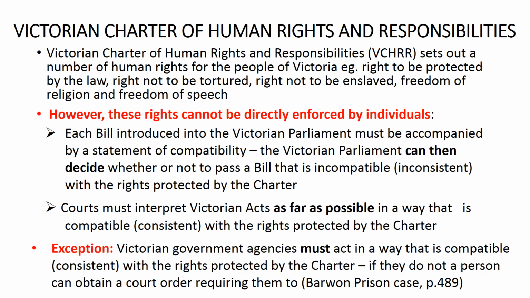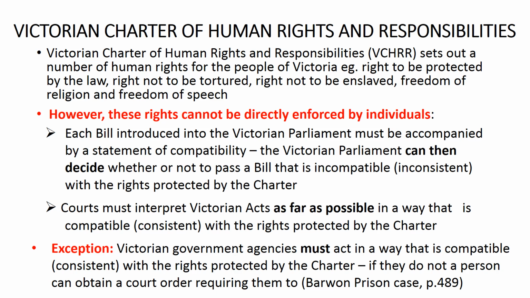This is the case with the Victorian government agencies, because the Charter provides that Victorian government agencies must act in a way that is compatible, that is consistent, with the rights that are protected by the Charter. And if they do not do that, then the person whose rights have been infringed or breached can go to court, that is, can obtain a court order requiring the Victorian government agency to act in a way that is consistent with the Charter.